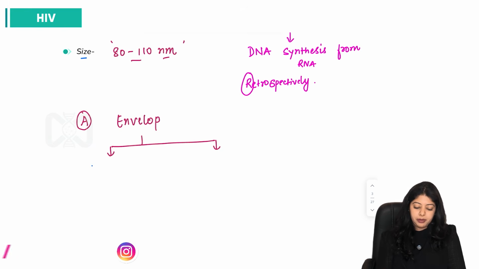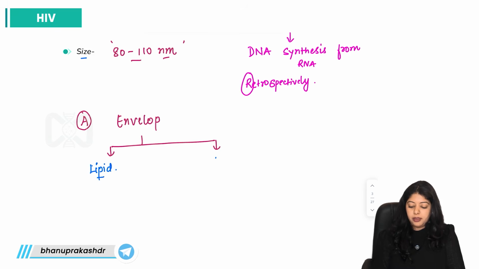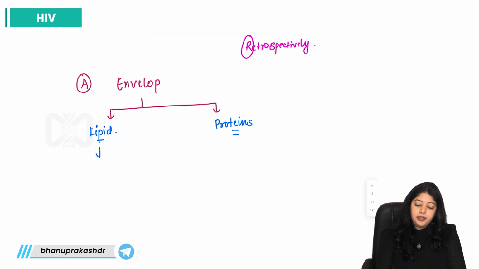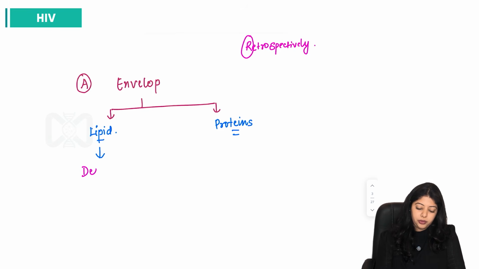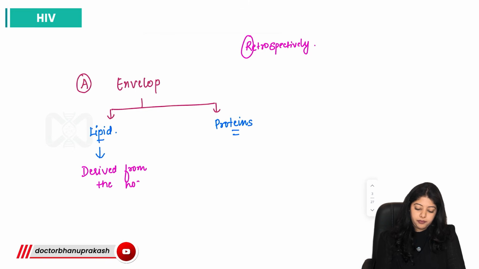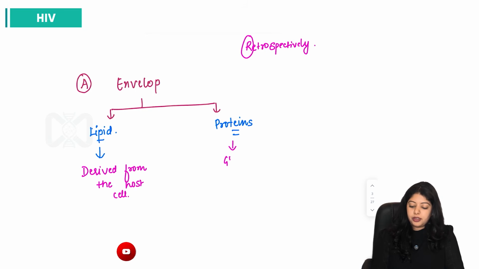One is the lipid part and the other component is the proteins. The lipid part is derived from the host cell. And the proteins are glycoproteins.